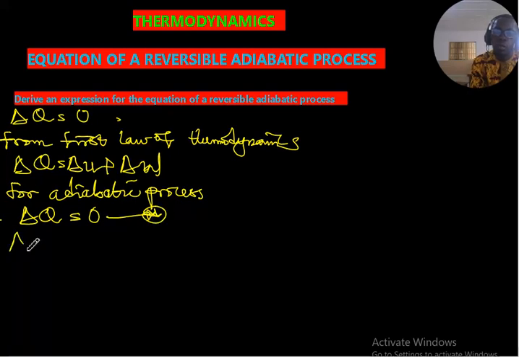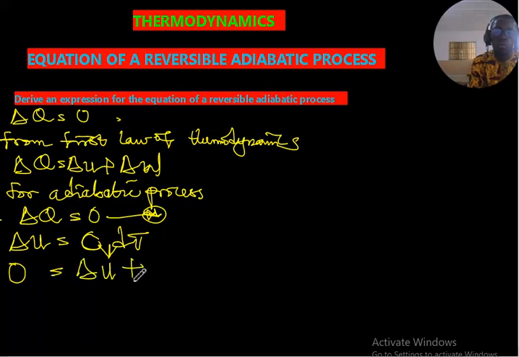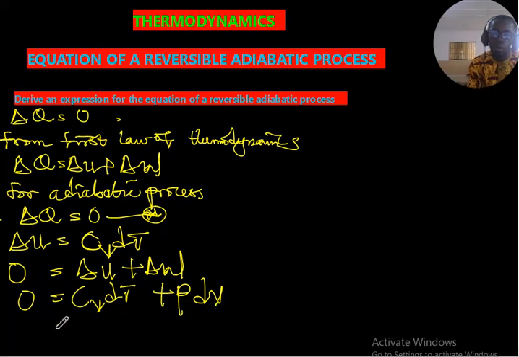Then the internal energy dU is the molar heat capacity at constant volume, Cv dT, and there's still work done in the system. So we have 0 equals the change in U plus the change in W. So 0 now gives dU is Cv dT plus the work done, P dV.